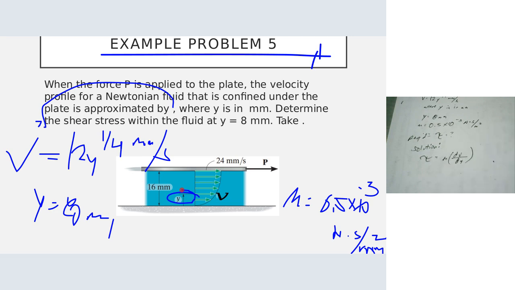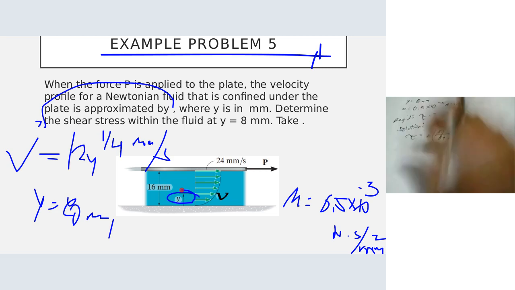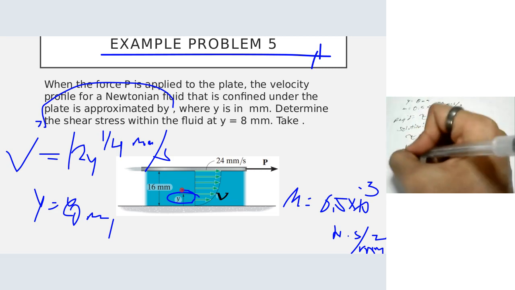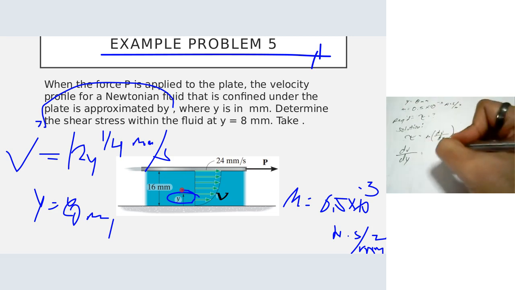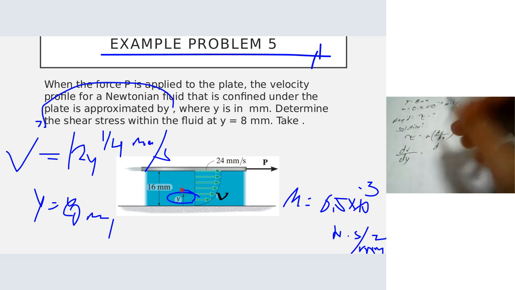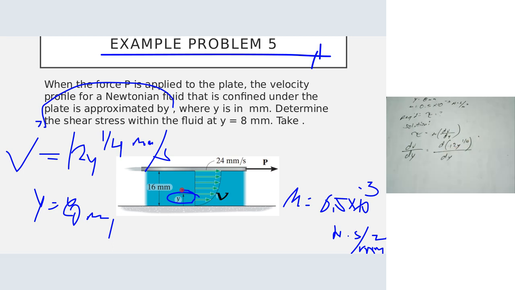We just have to determine the derivative of this velocity equation. Okay. So let's have dv over dy. This is equal to the derivative of 12y raised to 1/4 with respect to dy.